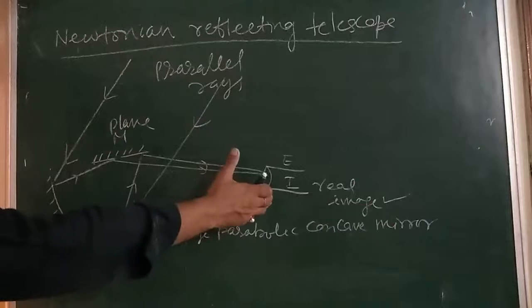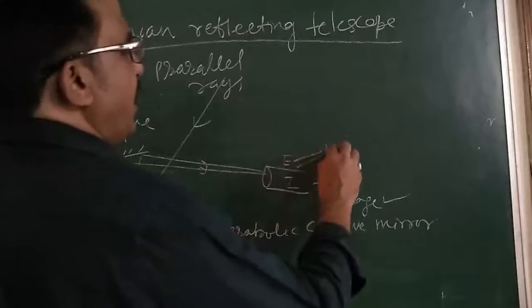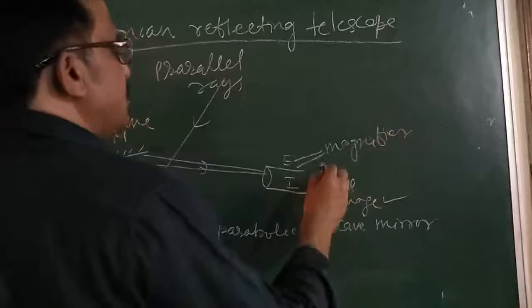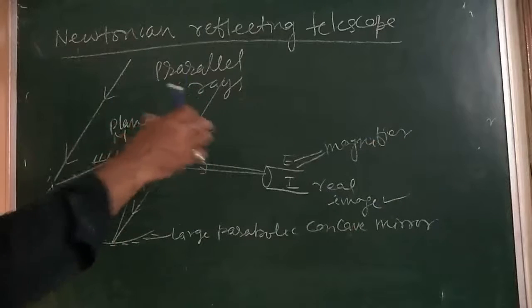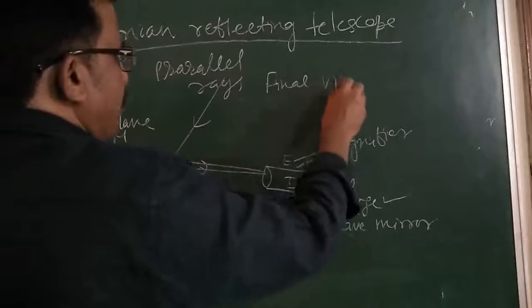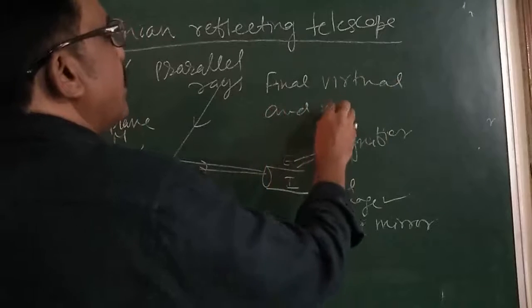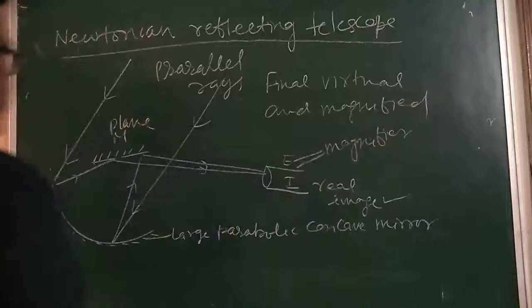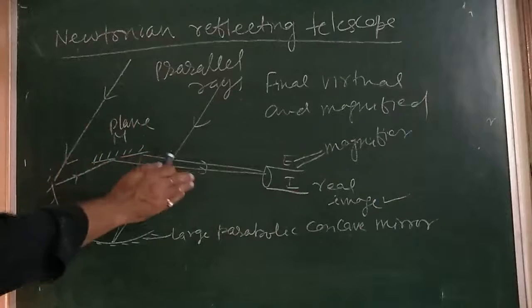In front of the eyepiece, the eyepiece acts as a magnifier, and the final virtual and magnified image of the star is seen distinctly by the eye.